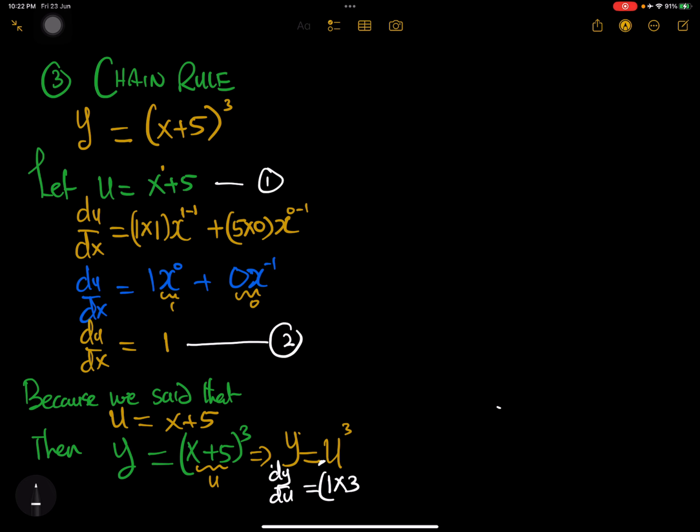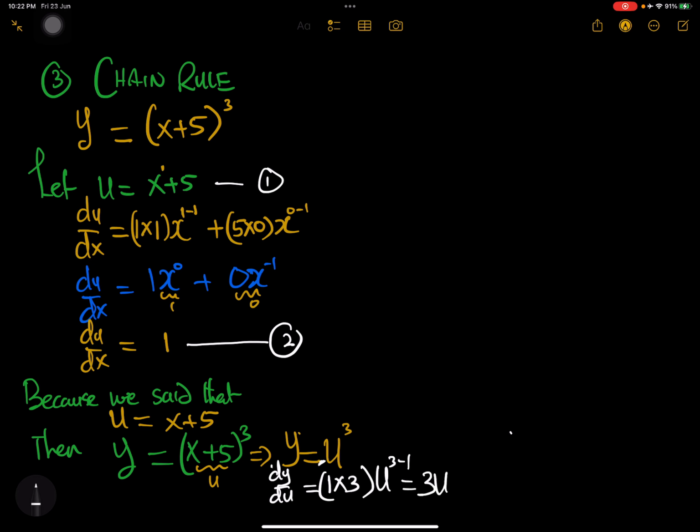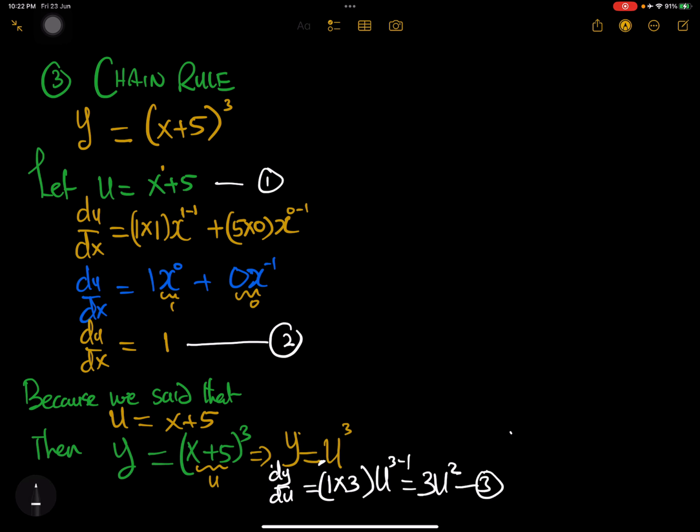The u cubed is the same as 1 times u to the power of 3. So it's going to be 1 times 3 u to the power 3 minus 1. And then eventually, we are going to get 3u squared. And this will be equation 3.